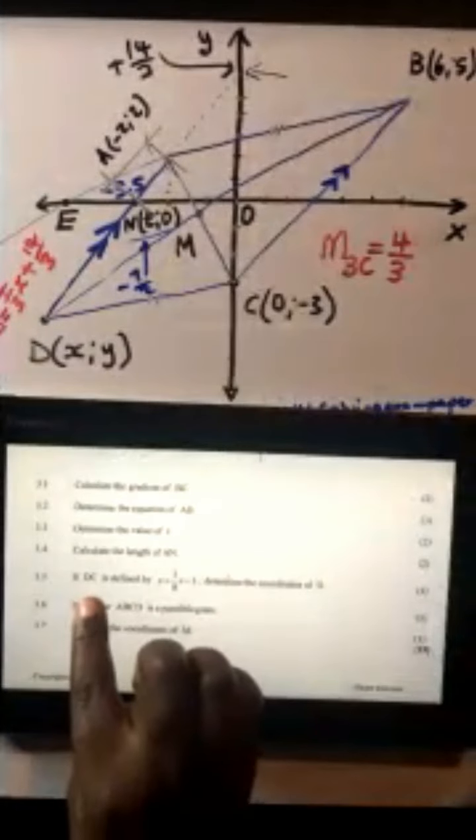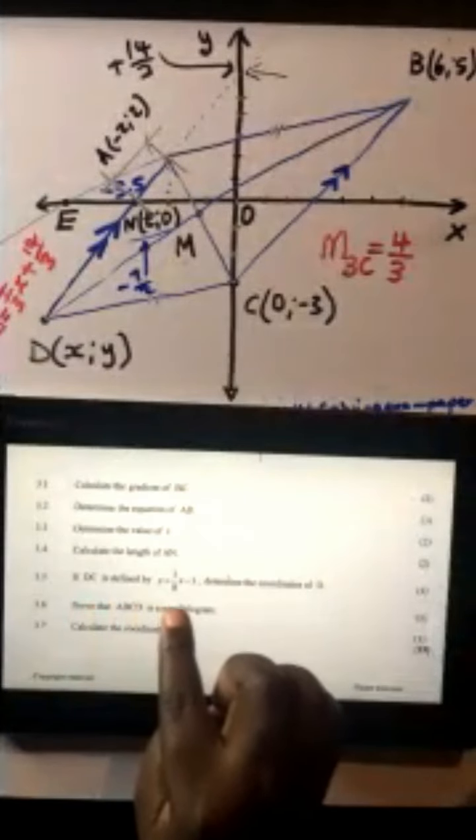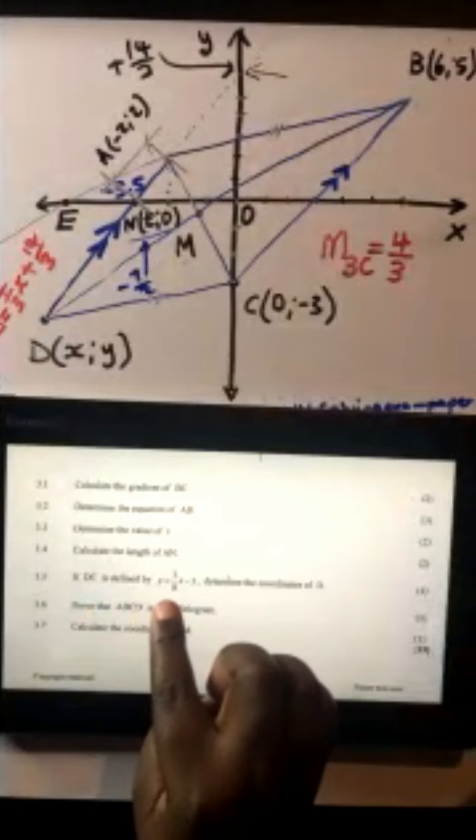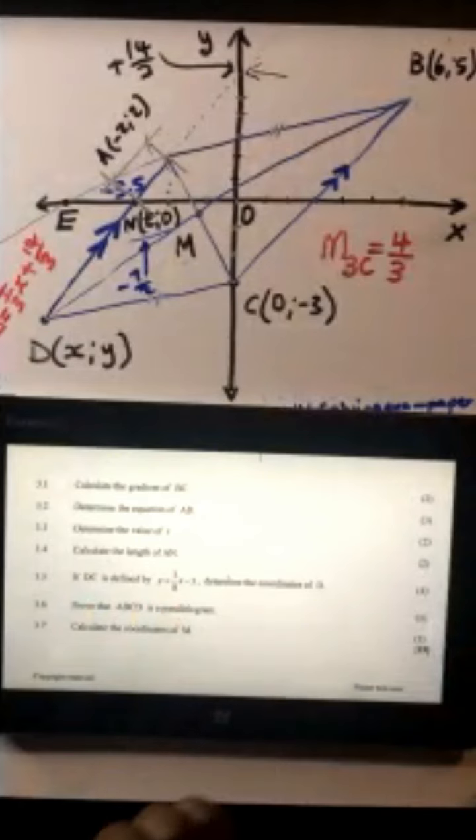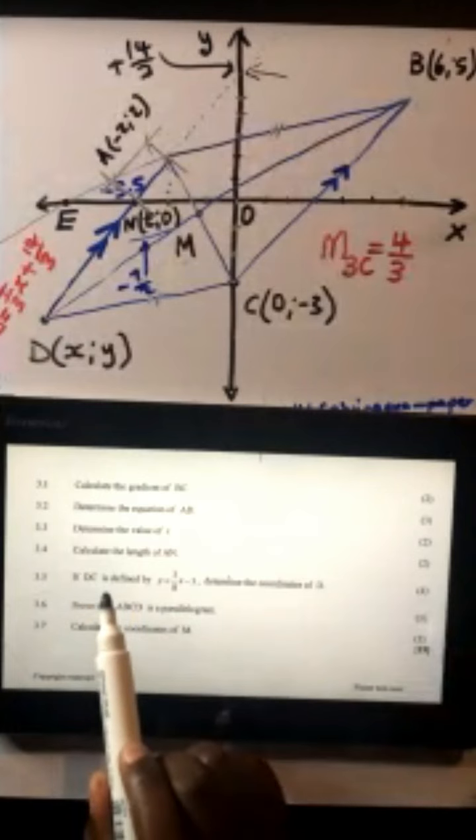So ladies and gentlemen, the other question says, if DC is defined by y equals 3/8x minus 3, let me write that down. If DC, where is DC? There is DC.